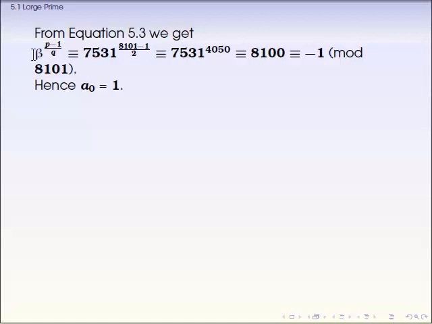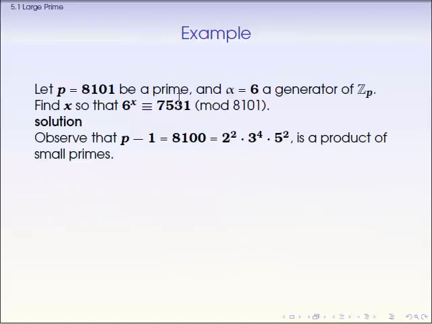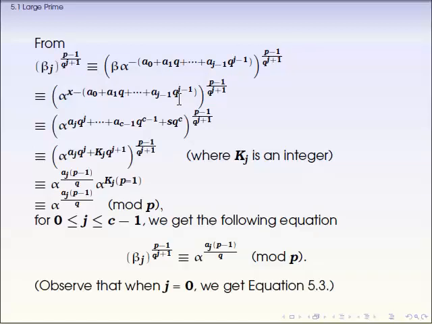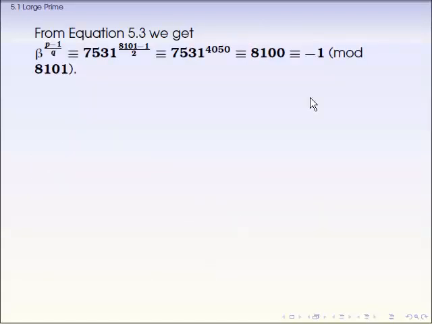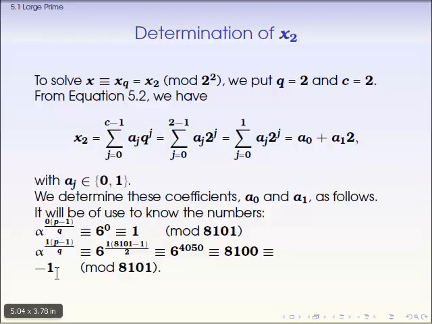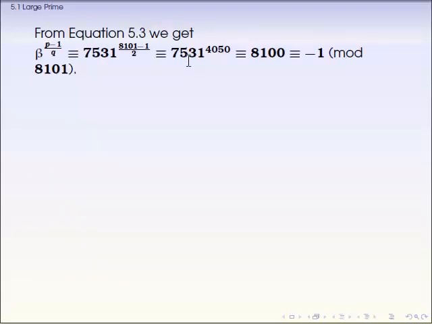Then this beta to the p minus 1 over q must be the same as, do you remember, alpha to the a times p minus 1 over q. We have only two choices, 0 or 1. So which one gives us negative 1? When a is 1, right? So at this moment it should be 1 for a0.